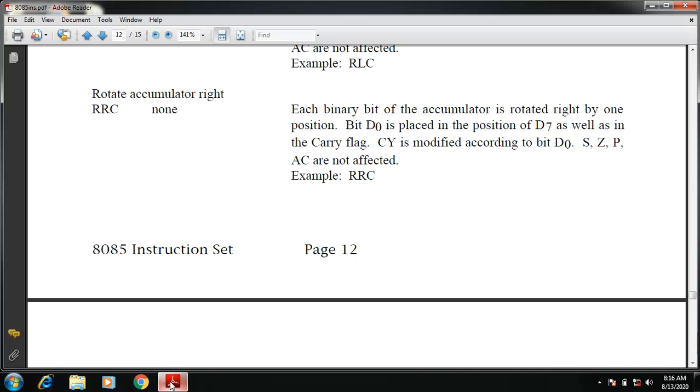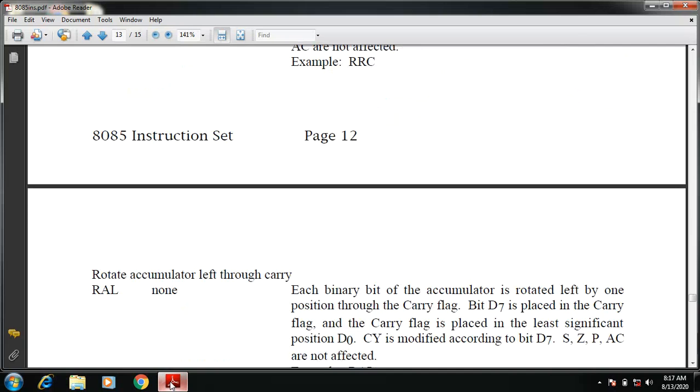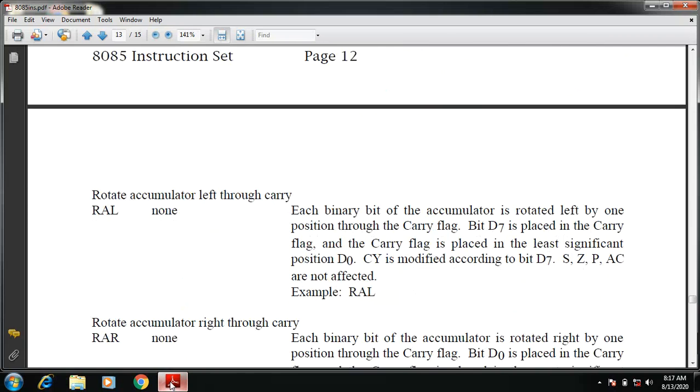The least significant bit D0 is placed in the position of D7 as well as in the carry flag. Before, D7 was placed in the position of D0 as well as in the carry flag. This is the alternate for the right operation. Okay, here also the sign, zero, parity and auxiliary carry are not affected, only the carry flag is affected.